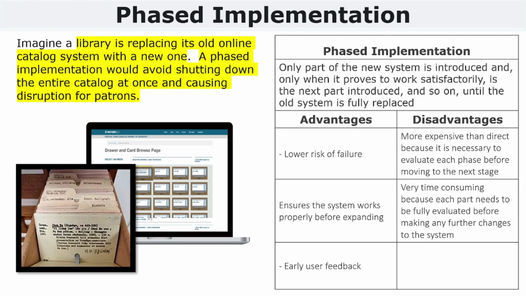So, for example, if you upload some of the online books and they are not exactly what you intend to see, then you have to do the necessary adjustment at that stage before you move on to the next stage. Okay, so an advantage here is that it ensures the system works properly before they expand. So they make sure that the system is working well before they move on.